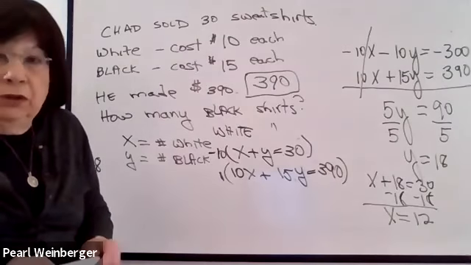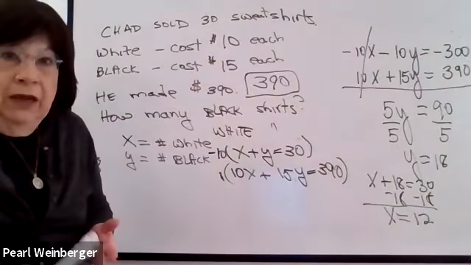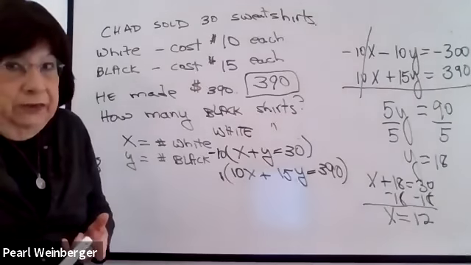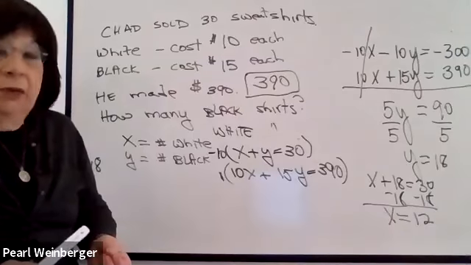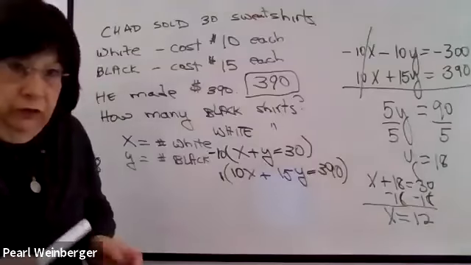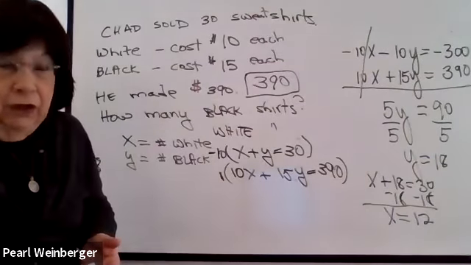Chapter 2, we talked about graphing. We talked about how to graph lines. We talked about the slope and what the slope stands for, and the parallel and the perpendicular lines. And we talked about writing the equation of the line. And chapter 3 was what we called systems of equations.